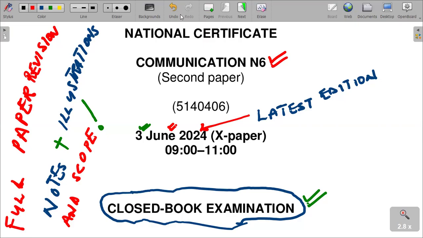This is Communication Paper 2, and I'm sure that you understand that it is a closed book examination where you don't need to use resources. Of course, maybe dictionaries you might use, but understand that a dictionary is not going to help you that much. So it's a full paper.